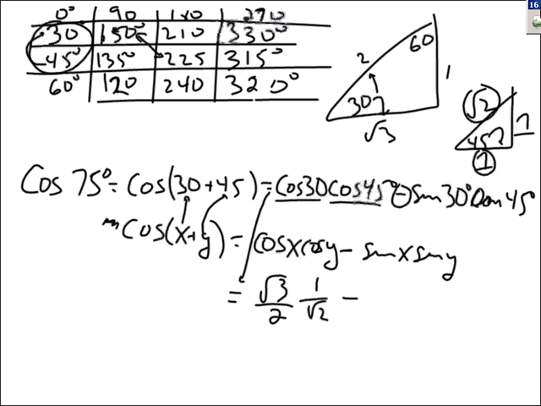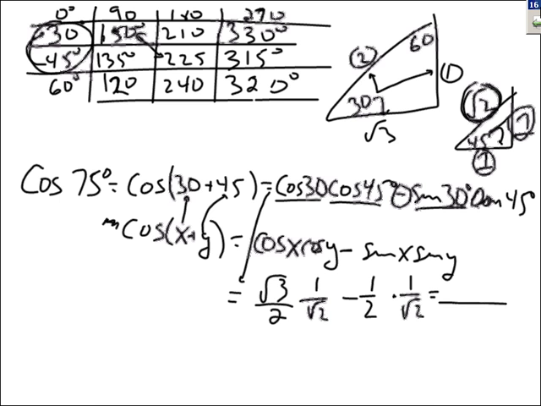Minus. The sine of 30 degrees is opposite over hypotenuse. It's a half. Times the sine of 45 degrees. It's opposite over hypotenuse. 1 over square root of 2. Once again, the denominators are the same.